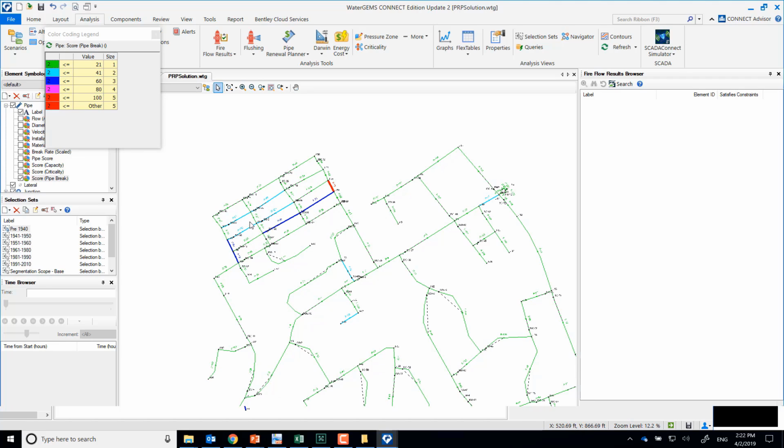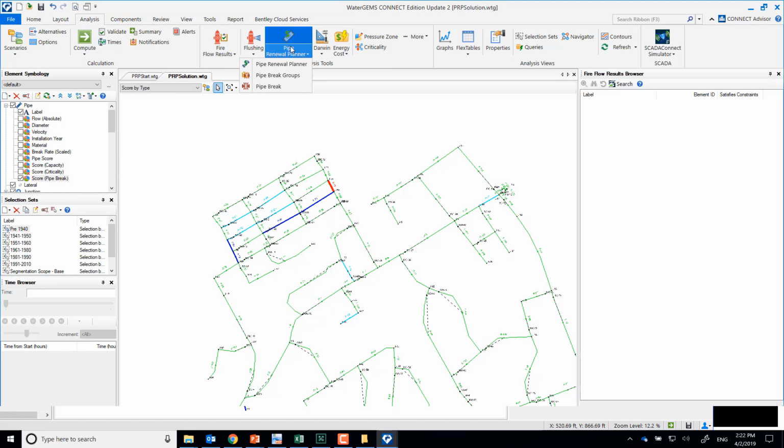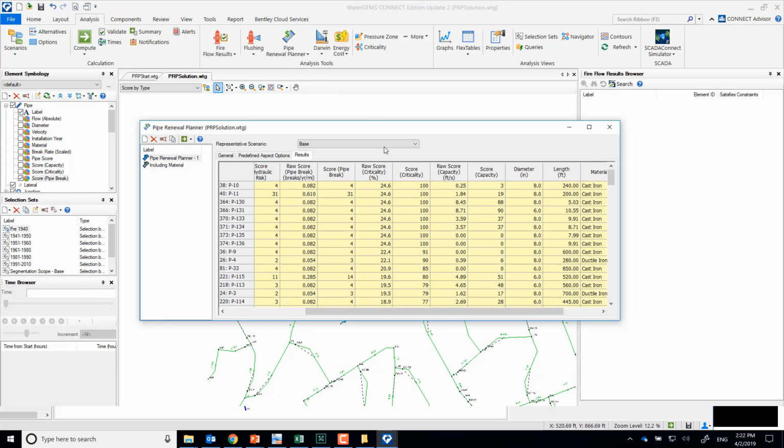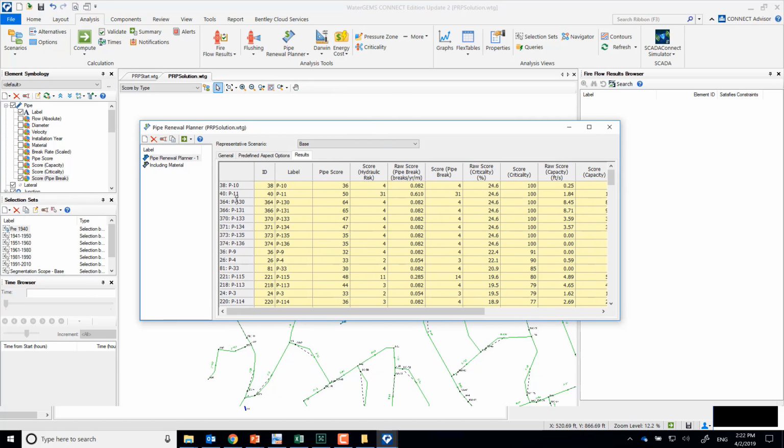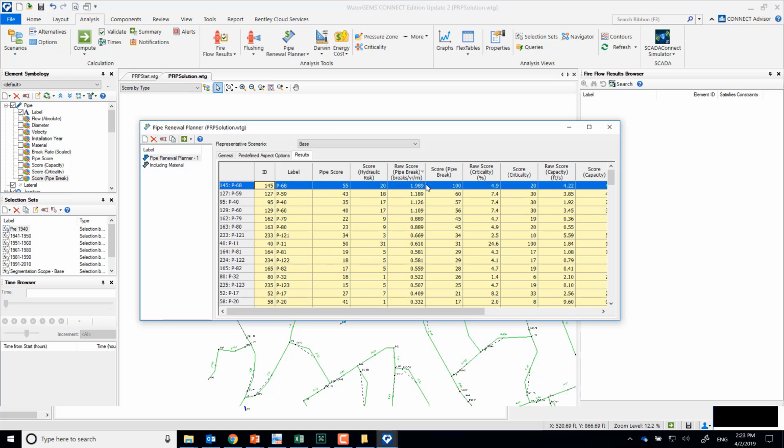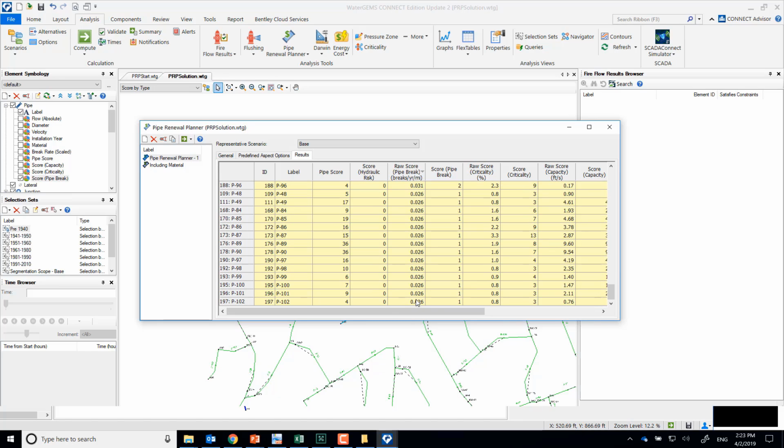pipe break score. So if I go to my Pipe Renewal Planner now, I can take a look at that. So let's look at the raw score, and I'm going to sort this descending. And notice that P68 gets a score of 100 because the raw score is 1.9 breaks per year per mile. Whereas this pipe 102 only has 0.026. So let's look up those two.